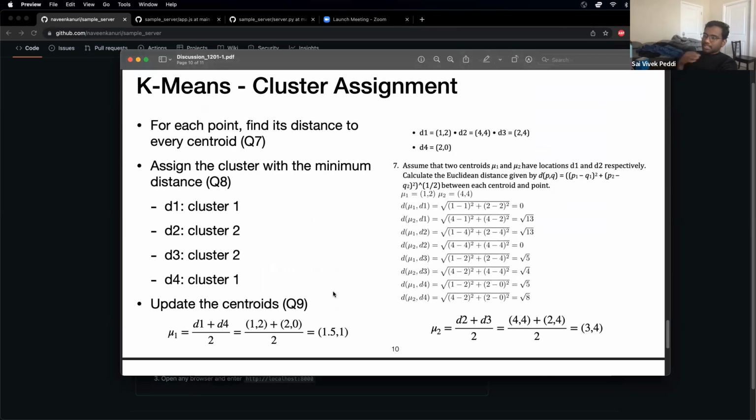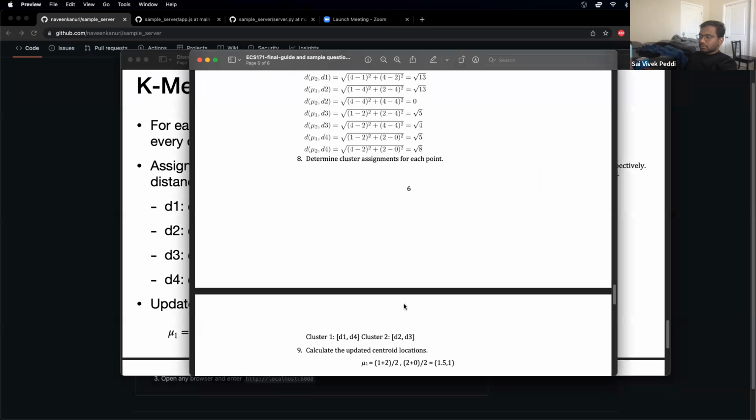As I said before, we have already got the distances from each of these centroids to the respective points. From these you can see D1 to D2, take the centroids. What is the question?